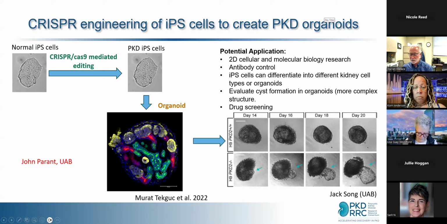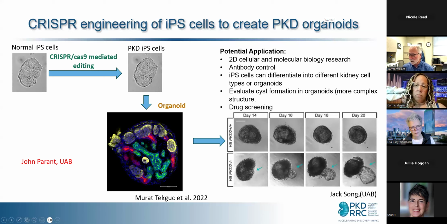So this actually may be a useful tool for looking at some of the crosstalk between different cell types when you introduce PKD1 mutations. I've listed some of the applications for using these iPS cells, including the formation of organoids and evaluating cyst formation.